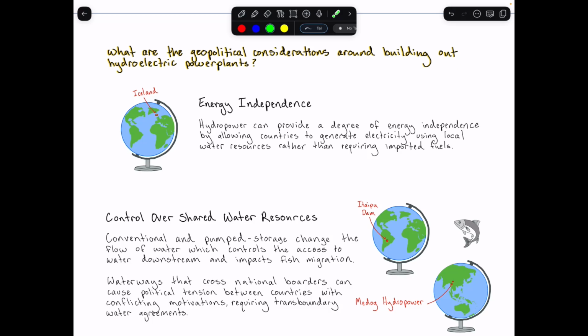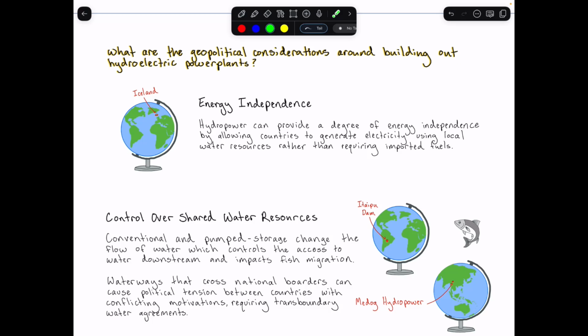I have two examples here. The first one is the Itaipu Treaty, which governs the construction of the Itaipu Dam between Brazil and Paraguay. This dam is located on the Parana River, which forms the border between these two countries. So they've figured out a way to balance these resources.